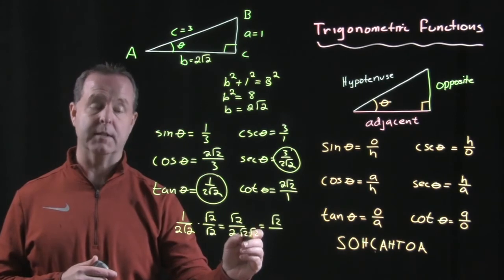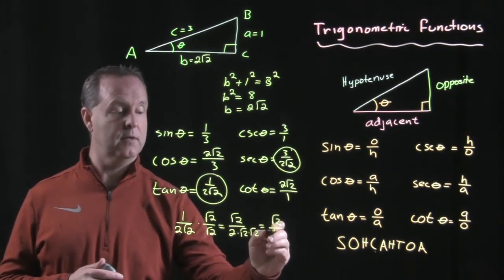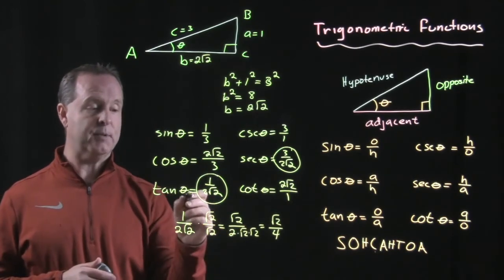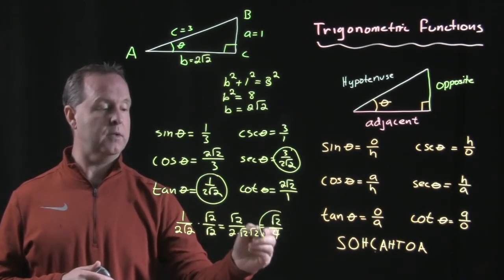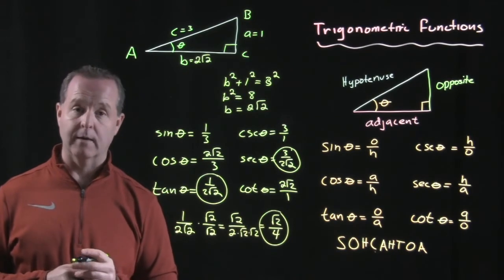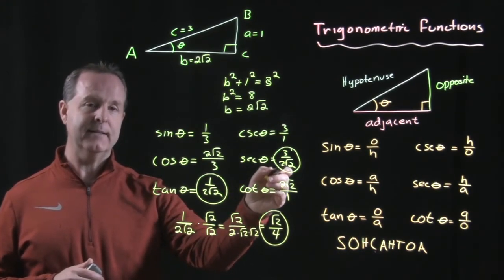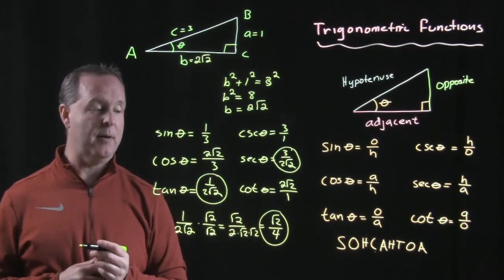Root 2 times root 2 is a 2, so I have 2 times a 2. I'm left with a 4. So the tangent of theta in this particular case is root 2 over 4. That's the proper form.